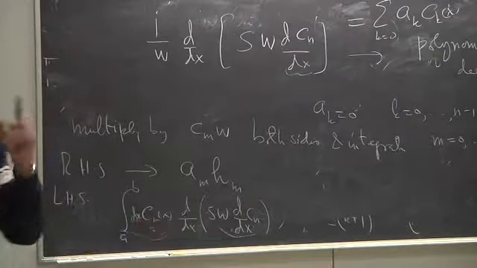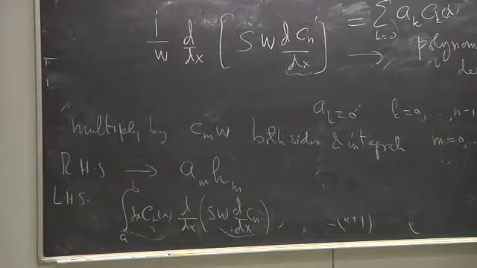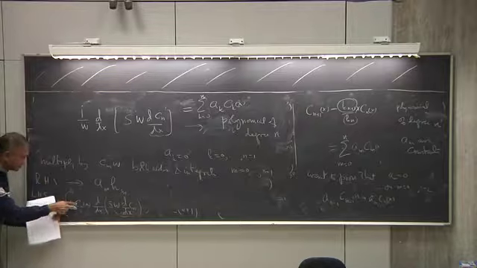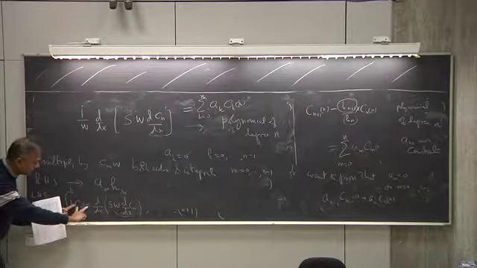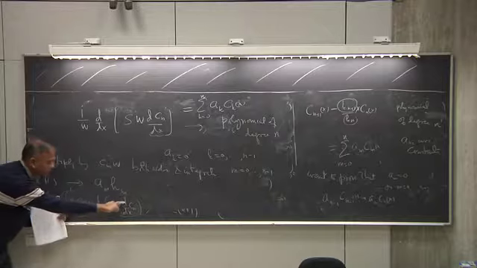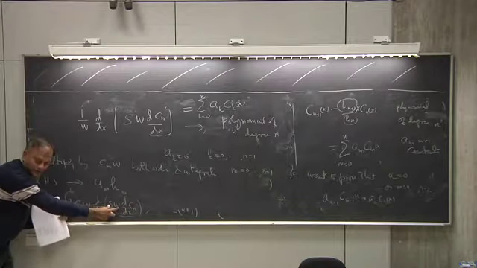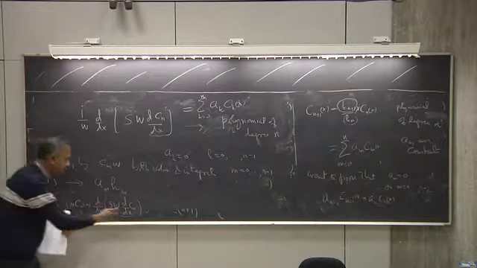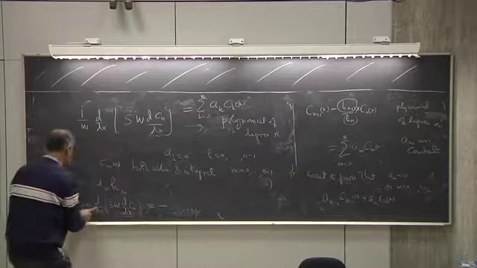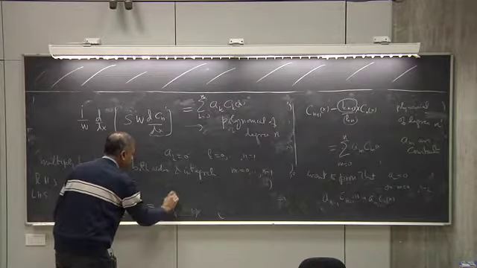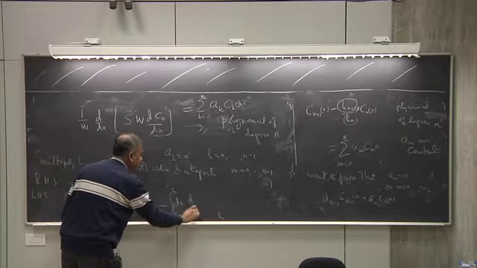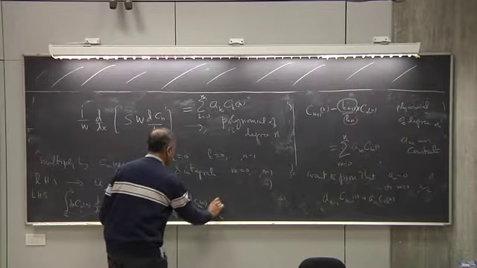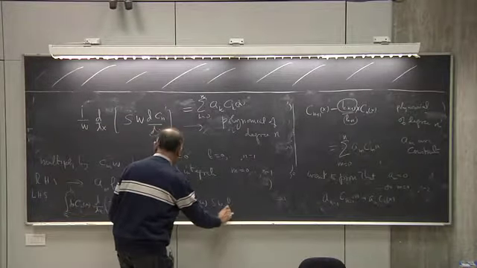One term will be the boundary term, which will be C_m(x) times S W dC_n/dx. But S W vanishes at the boundary, so there will be no boundary term from here. So this is the same as minus the integral from a to b dx of d/dx C_m(x) times S W d/dx C_n.